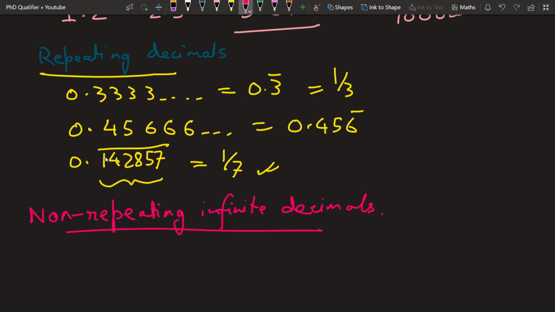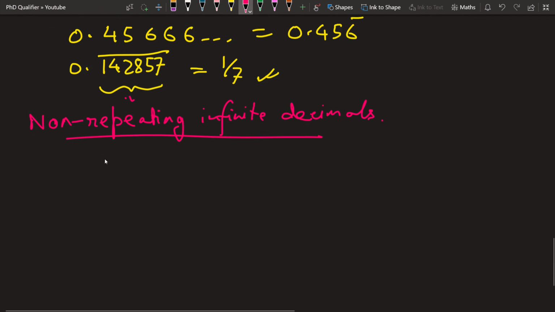You can never find repeating decimal places. Even after a lot of decimal points, you will never find repeating decimal places. So those are non-repeating infinite decimals, and there are very famous examples, for example pi. This is 3.1415 and so on. It goes on, and never do the digits repeat themselves.